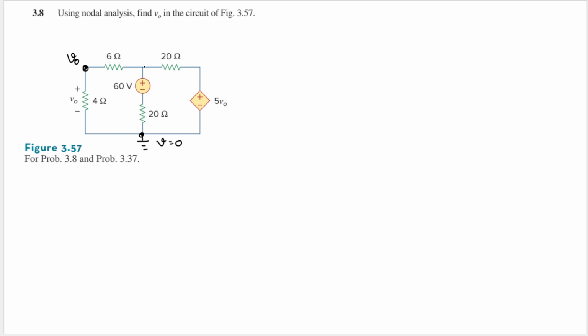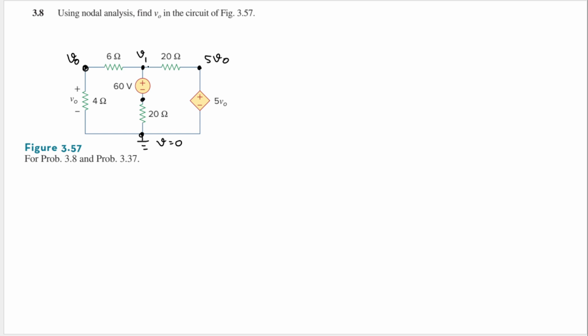And let's name this node here as V1. Then we have another node here, which is 5V0 from the ground. So this node has the value of 5V0. I think we need one more value here, which is this node here.